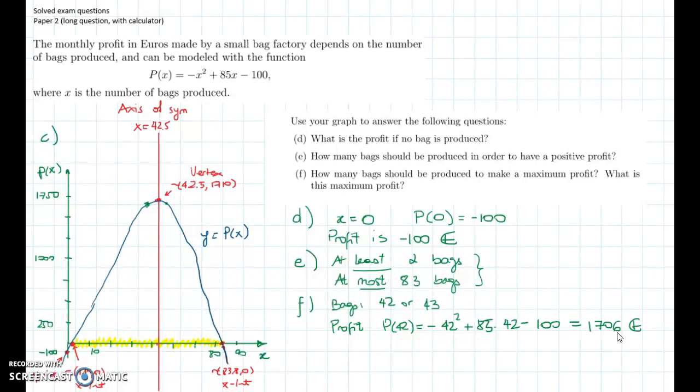So the answer will be maximum profit for 42 or 43 bugs produced, and that maximum profit is 1,706 euros.